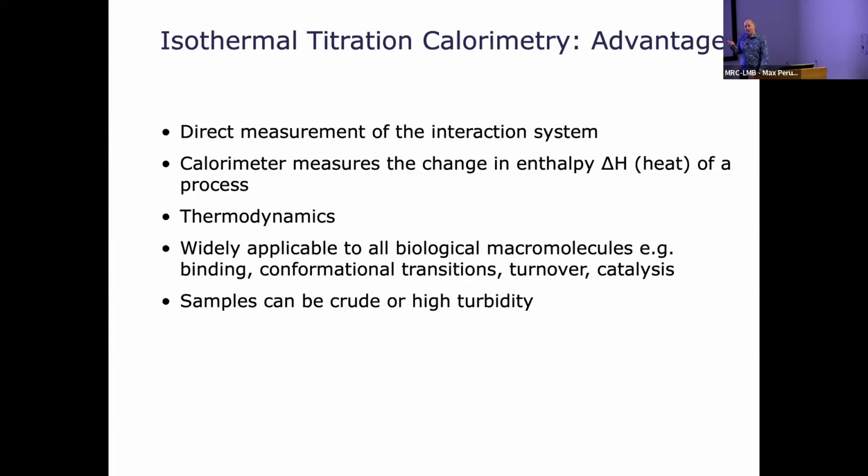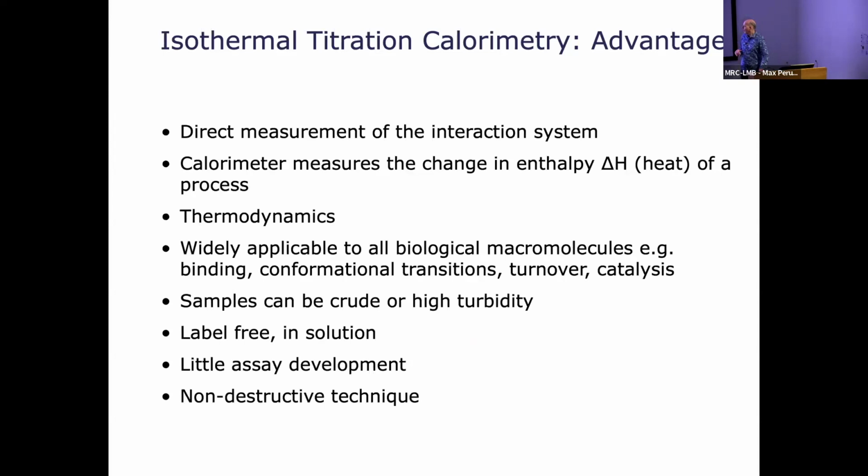You can also use crude samples of high turbidity. It's also label-free, with very little assay development. And it's a non-destructive technique, so you can take the sample out after you've finished, dialyze it, and run it again. I'll also show examples where you can get kinetic parameters, in special cases.